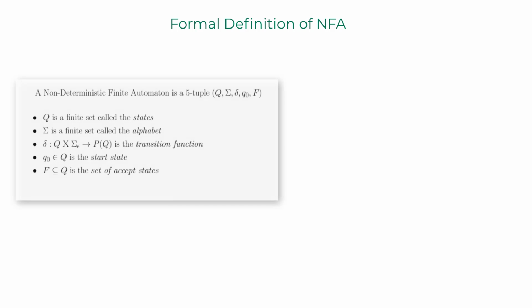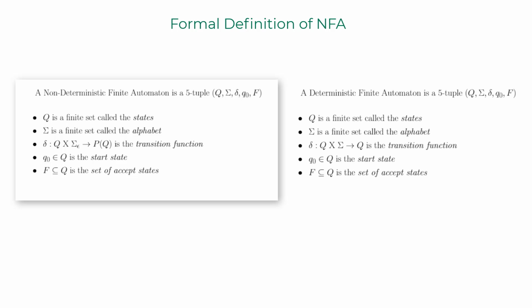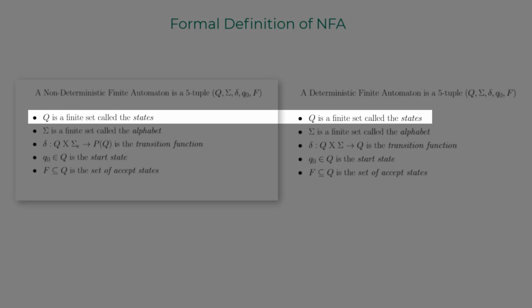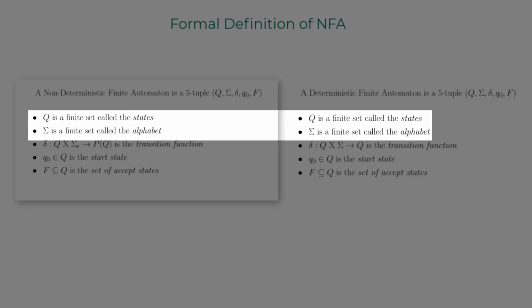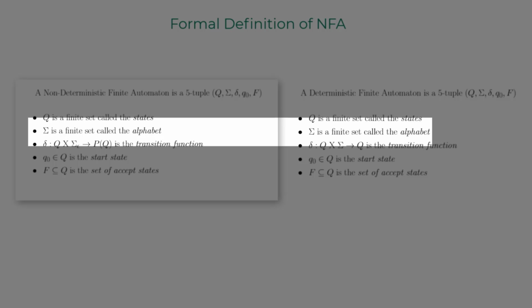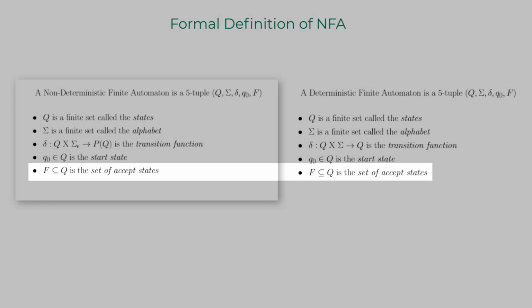The formal definition of a non-deterministic finite automaton, or NFA, is pretty similar to that of a deterministic finite automaton, or DFA. Both have a set of states, the alphabet, and the set of accept states.